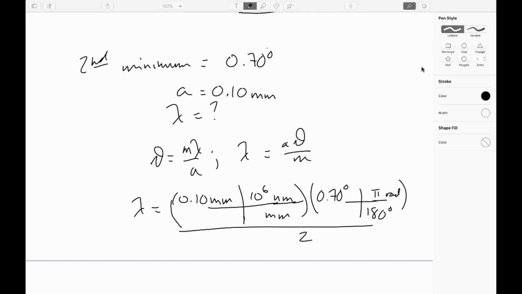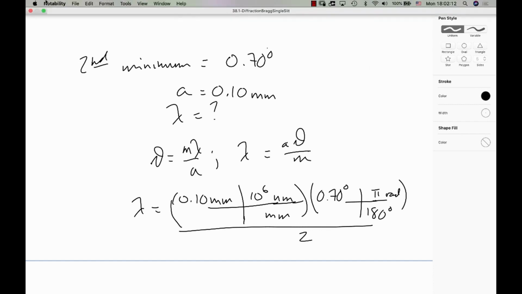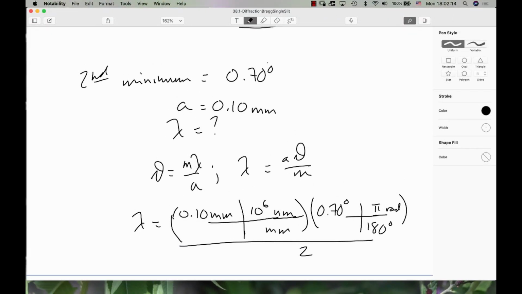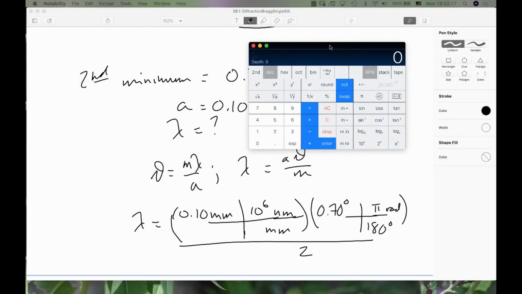Alrighty, so let's crunch that out. We will have 0.1 times 1 times 10 to the 6 times 0.7 degrees times pi divided by 180, and then we divide by 2, and we get about 611 nanometers.